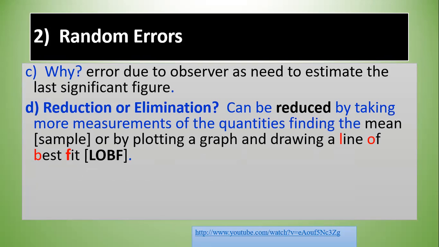Then can we reduce it or eliminate it? It can be reduced by taking more readings of the quantity and then finding the mean, or by plotting a graph and drawing the line of best fit, LOBF. You can never eliminate it, but you can reduce it by taking more readings.